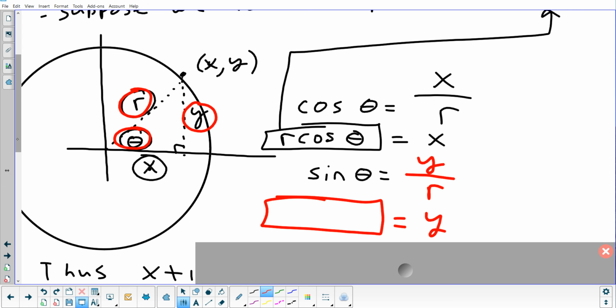Do you remember what we did on the one above it? We multiplied both sides by r. Right? So we did times r, these canceled, and that's how we got that. Times r, those cancel, and there's your formula for y.